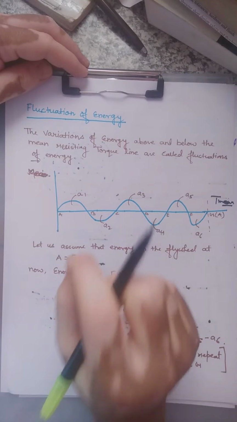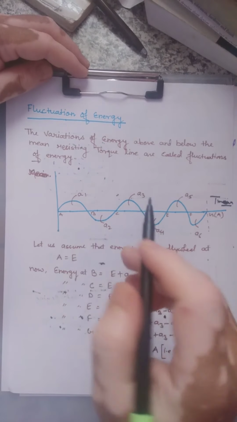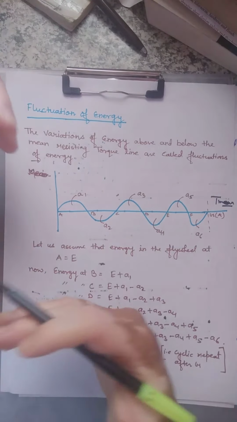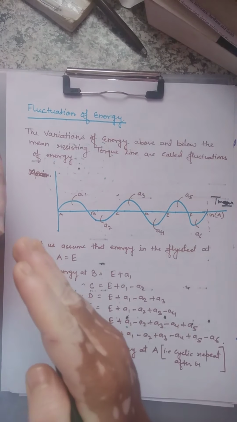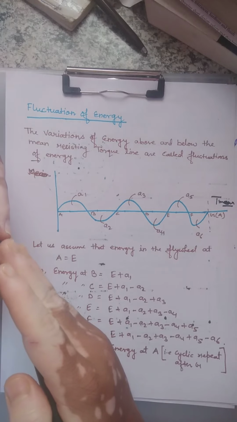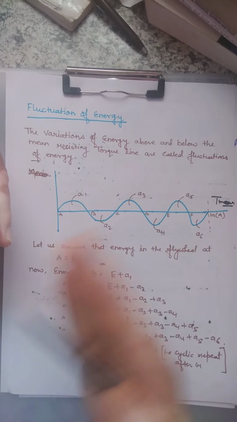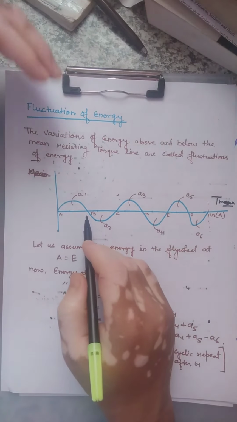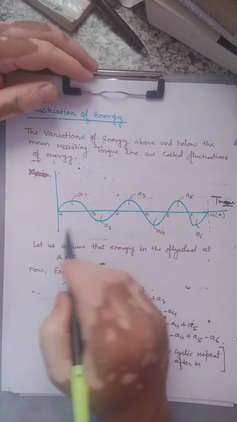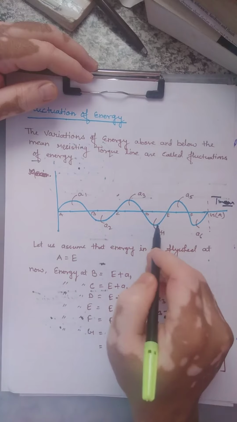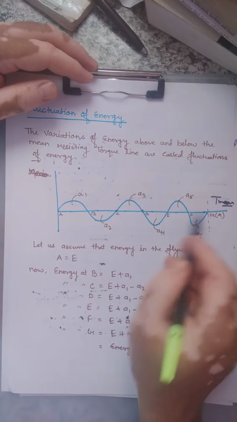Even in T mean we get a fluctuation of energy. It is a very small fluctuation, but sometimes we get energy during the power stroke, at the beginning of the stroke when we get the power, then it is in a higher state. Then when we start losing energy in other strokes, it goes to the lower energy side. So higher energy side, lower energy side, higher, lower, and so on.